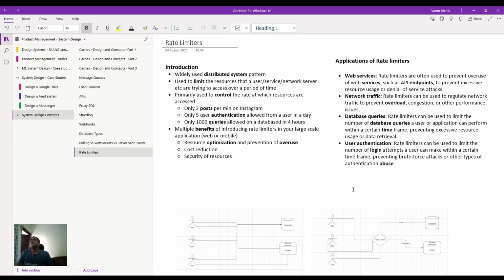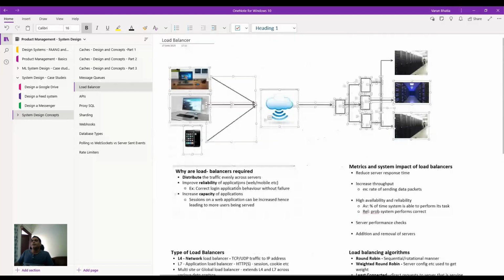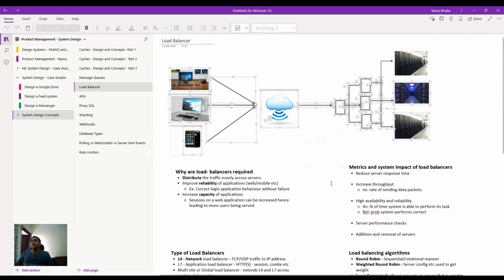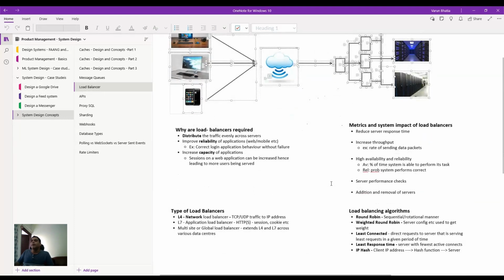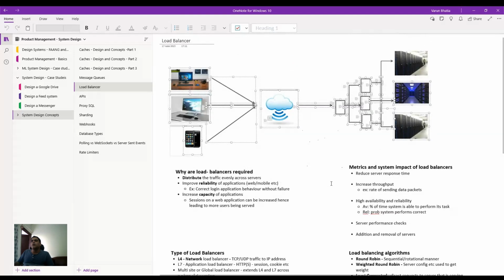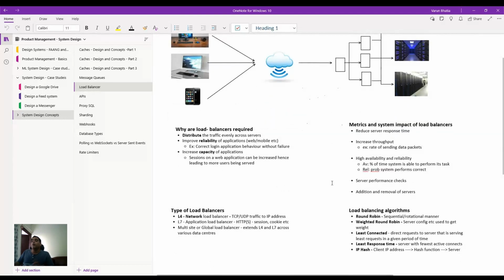If I were to compare this to what we did in load balancers, load balancers are also very similar in nature, but load balancers are primarily used, if you recollect from the lecture, to distribute the traffic and not as much the request. Of course, the traffic can consist of the requests, but load balancers are predominantly used to increase the capacity, right?